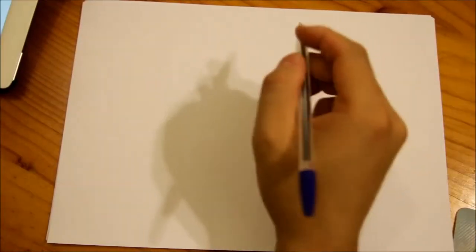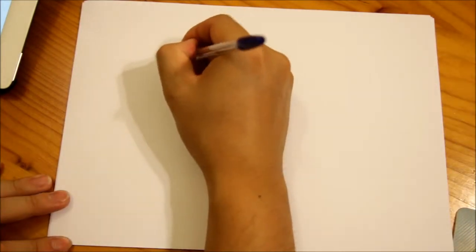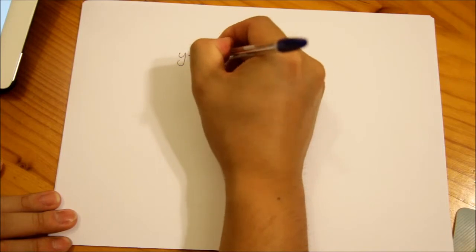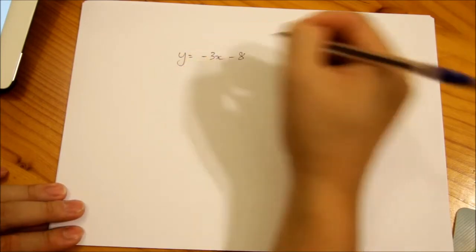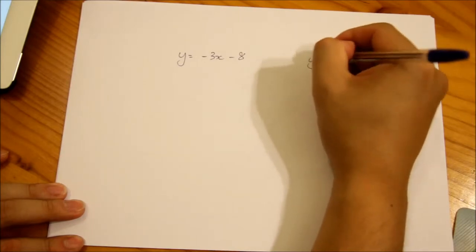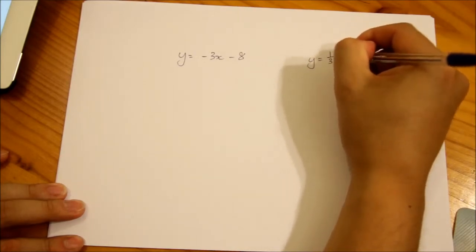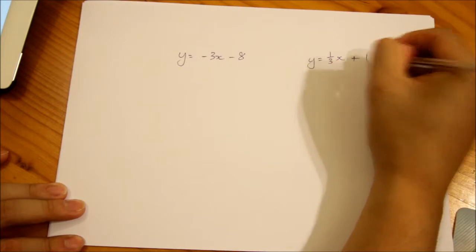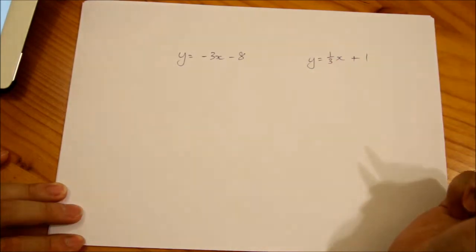Alright, here we go. This is how we're going to work out if two linear equations are perpendicular to each other. I'm going to use y equals minus 3x minus 8, okay? And I'm also going to use y equals a third x plus 1, okay?